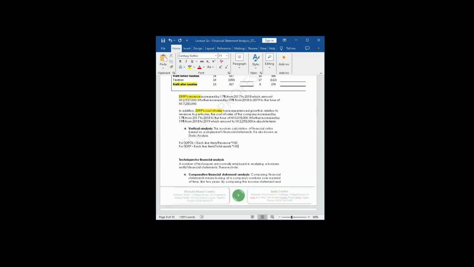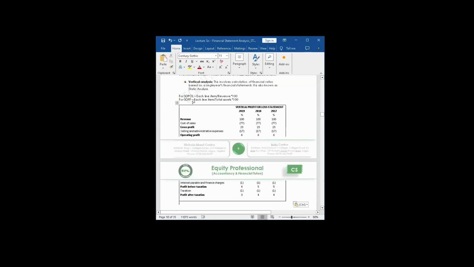So let's see the vertical analysis for this company.